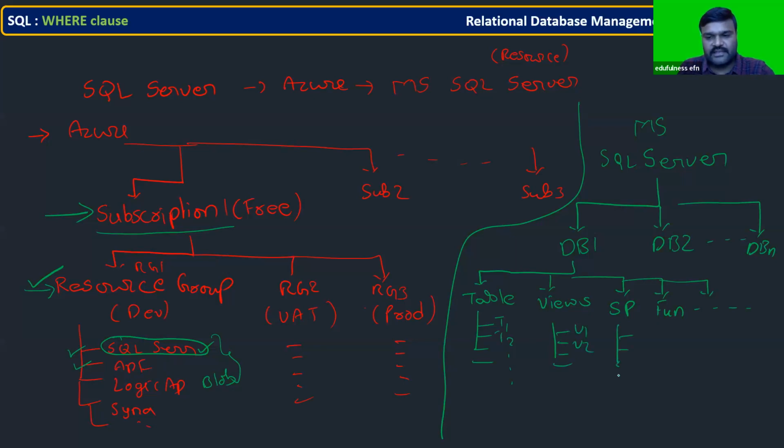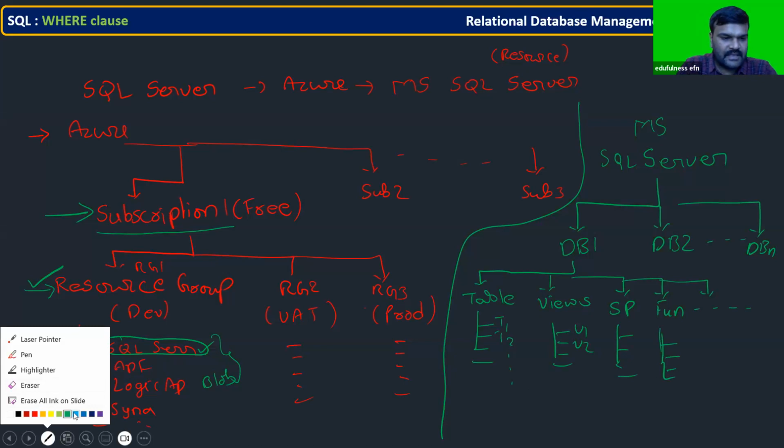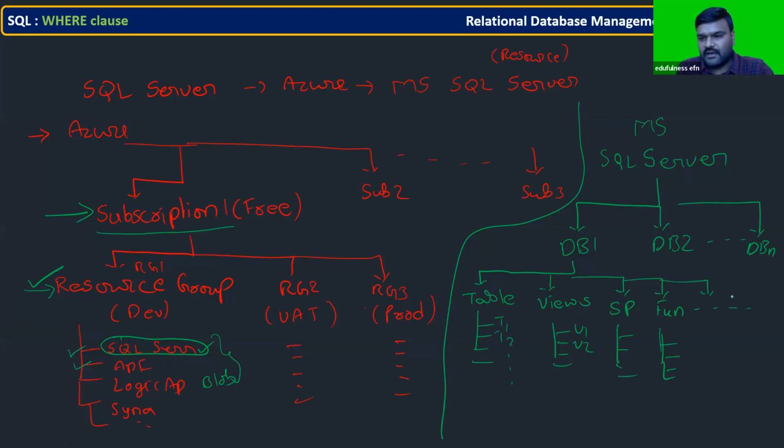Many things will be there based on your functionality. One simple thing to understand here: all these things we can generally call an object. Table is one object, view is one object, stored procedure is one object. It's just terminology.